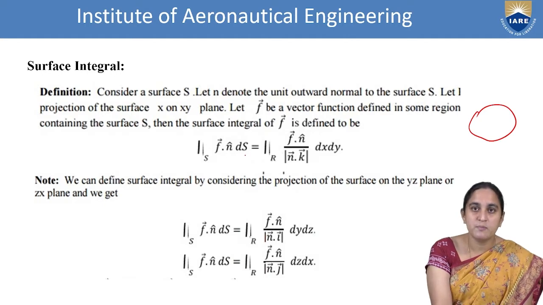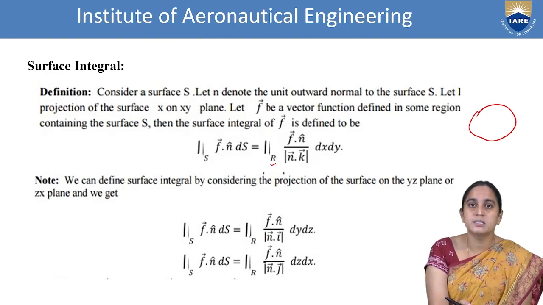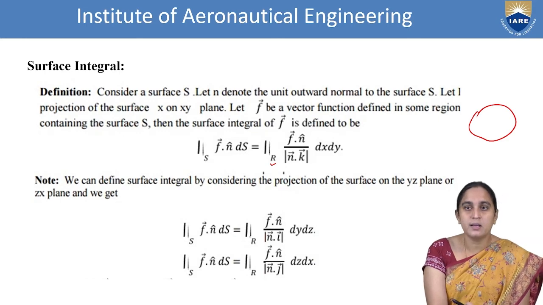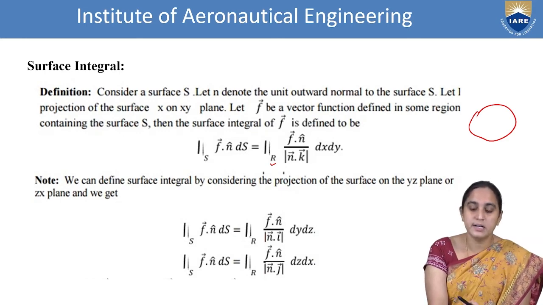Here, on the xy plane, let R be the projection on the xy plane. For that case the formula is f bar dot n bar by modulus of n bar dot k bar into dx dy. This is the first formula. Here R is the region. The surface integral means double integral form, that is, either the xy plane, yz plane or zx plane.